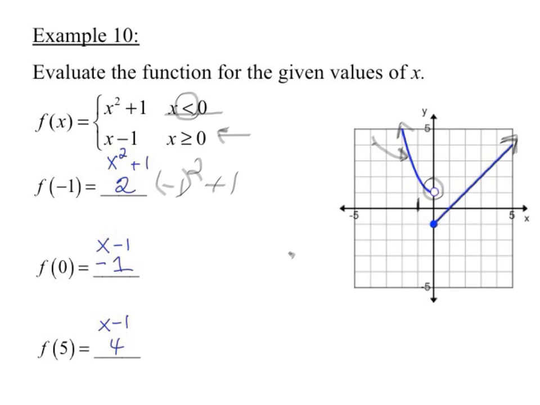So we're going to use this one, which is 0 minus 1, or negative 1. And so we can see at f of 0, if I look at the graph, it doesn't include the positive 1, but it does include the negative 1. For 5, again, that's bigger than 0, so we'll use 5 minus 1, or 4. And so we can check, for x equals 5, we should be at 4, and we are.